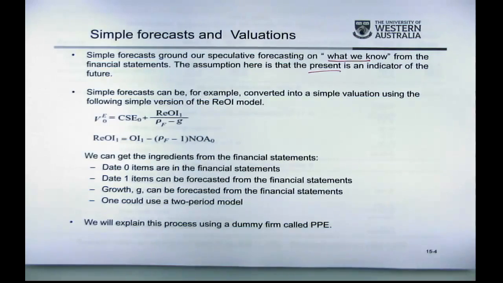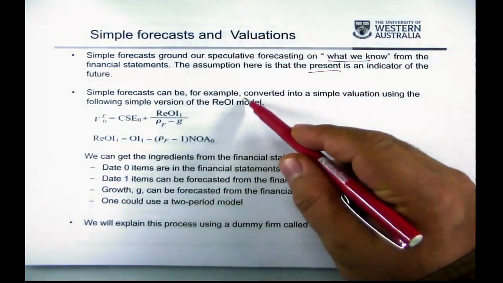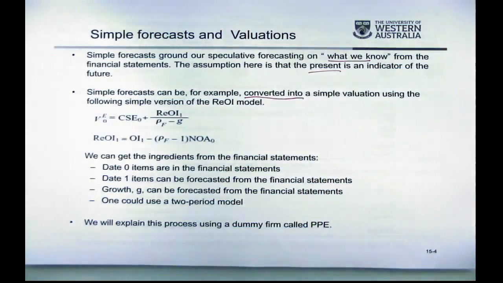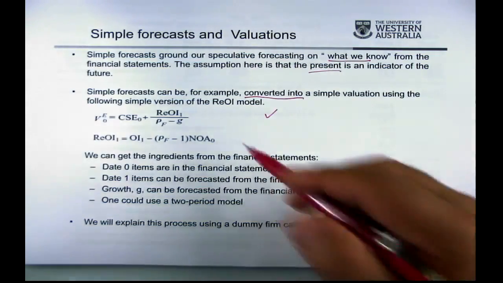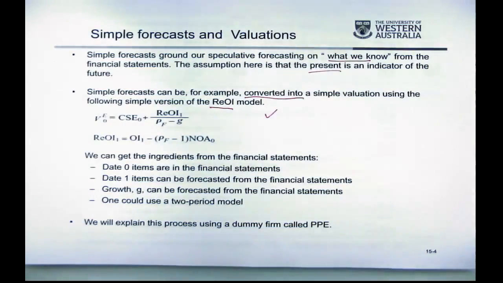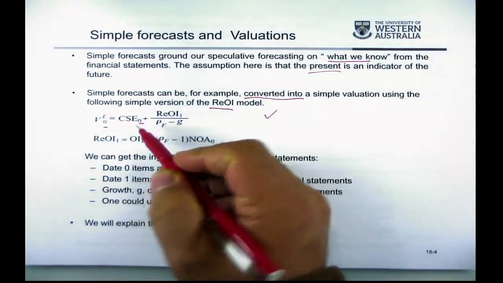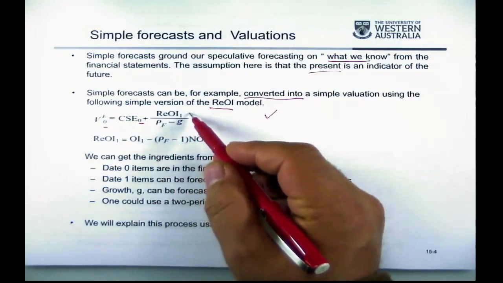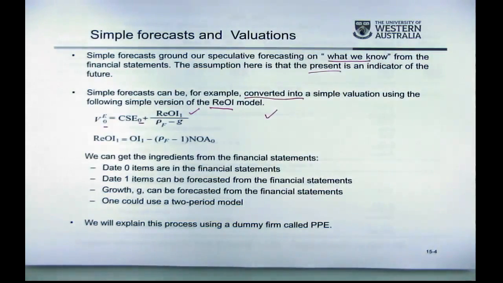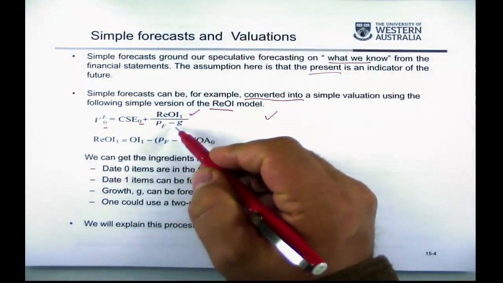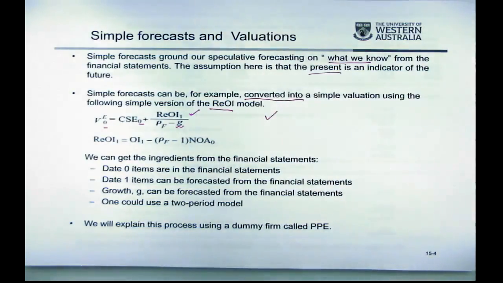According to simple forecasting, we can convert our simple forecast into a simple valuation using a simple version of one of the valuation models, such as the residual operating income model, where the value of equity at time 0 is equal to the book value of equity at time 0 plus the capitalized residual operating income expected in year 1, assuming that this residual operating income will be growing at a constant growth rate forever.